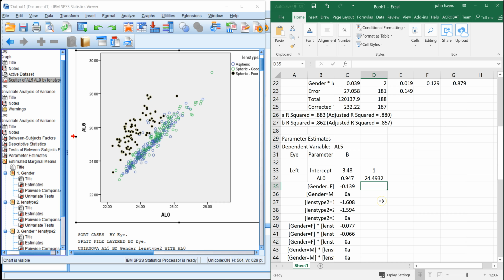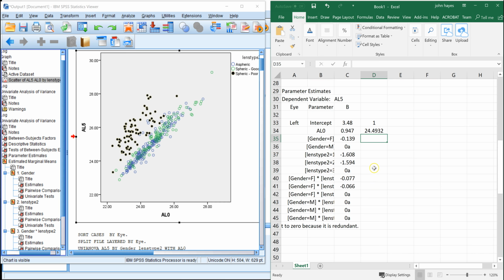Now, if we're looking at females, we're going to assign this a value of 1. If we're looking at males, we give it a value of 0, because the gender is F, female, if it's a woman, and 0 if it's a male. Lens type depends on which lens type we're looking at.